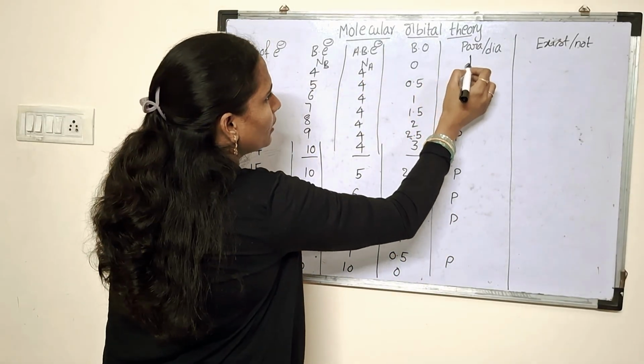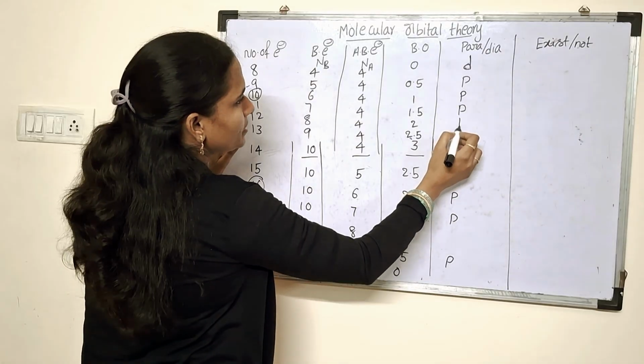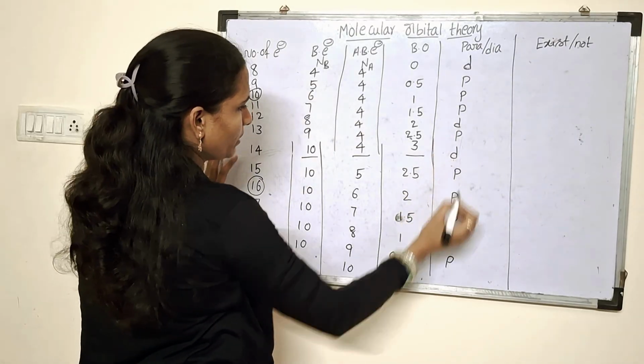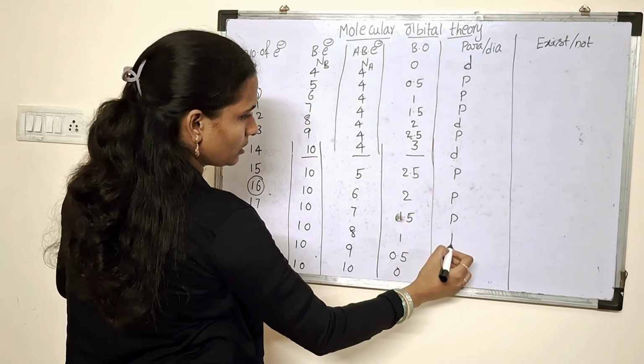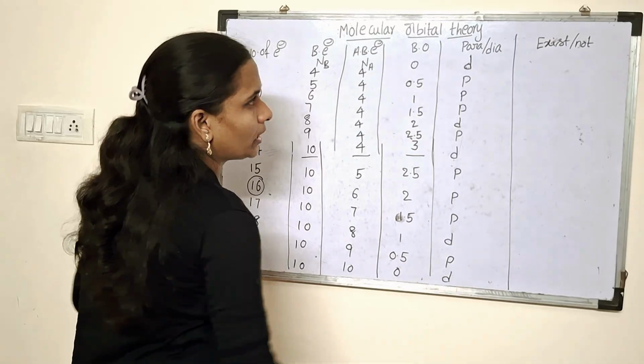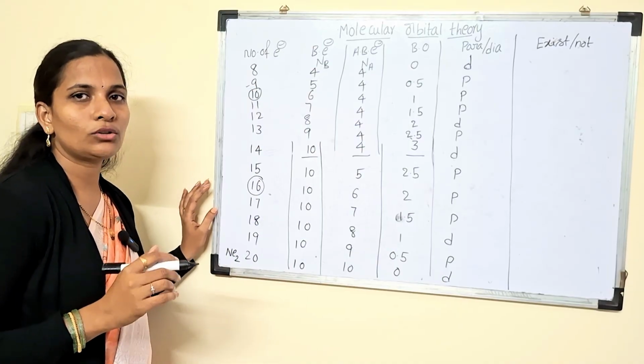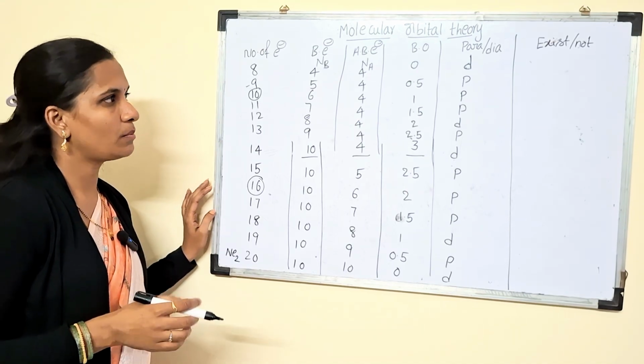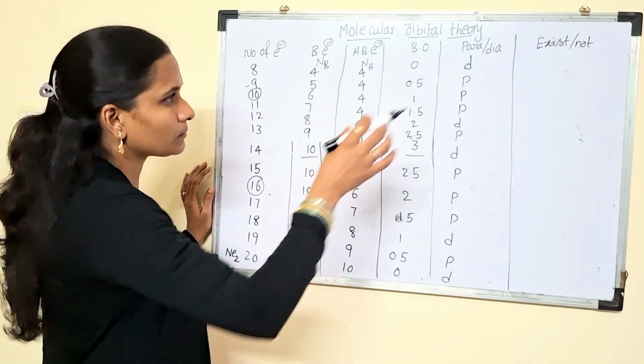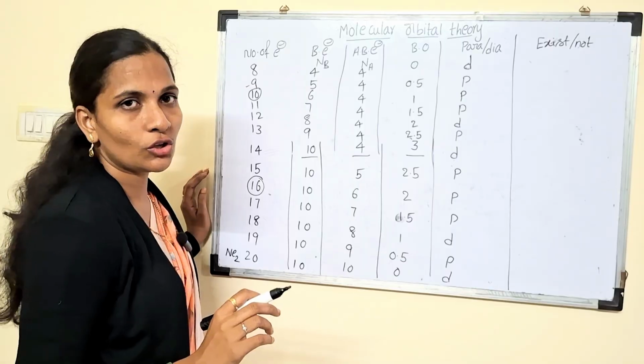So 8 is diamagnetic, next 12 diamagnetic, 14 also diamagnetic, 18 also diamagnetic, and 20 is also diamagnetic. This is how we can calculate whether a molecule or ion is paramagnetic or diamagnetic. Next, whether the molecule exists or not.